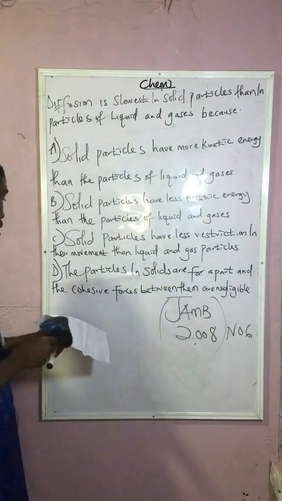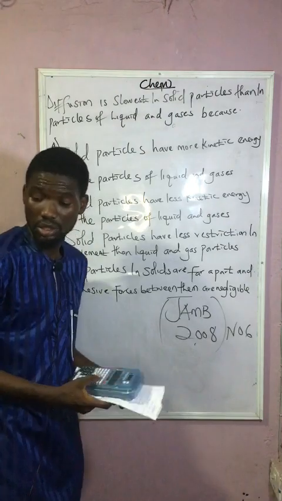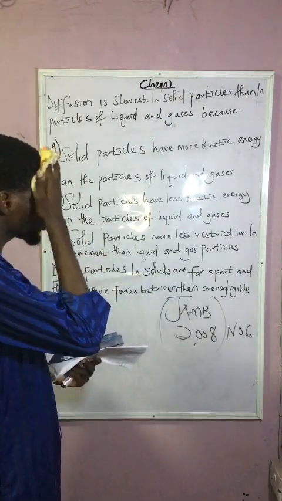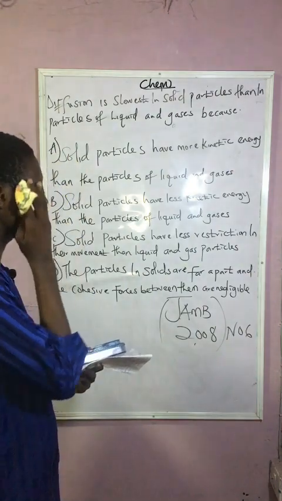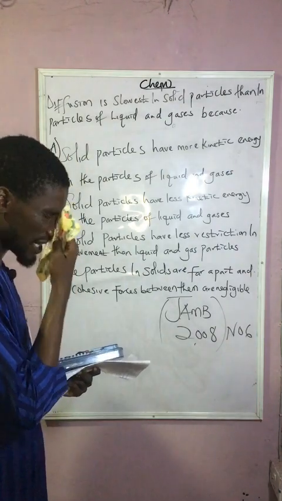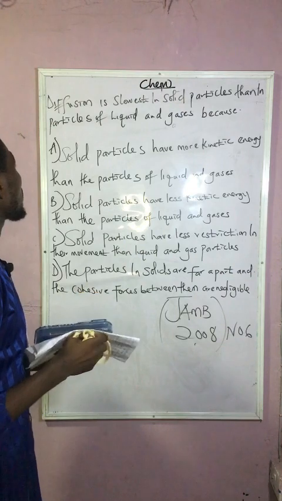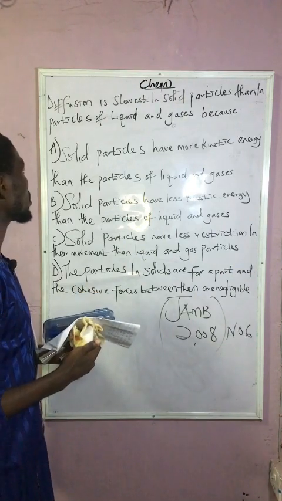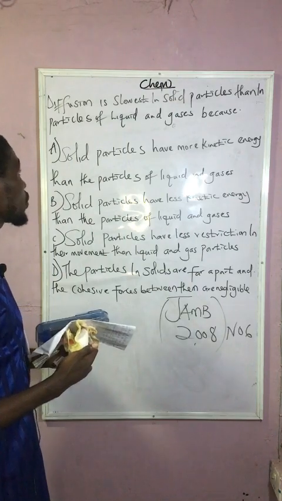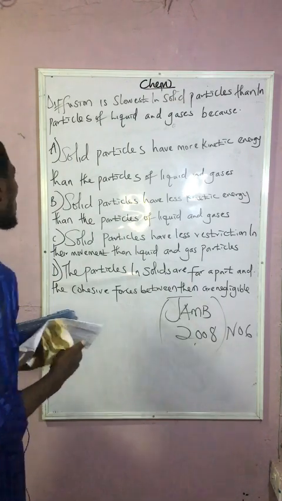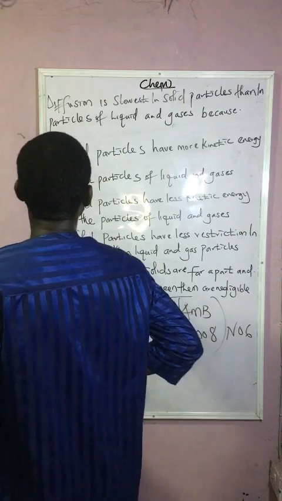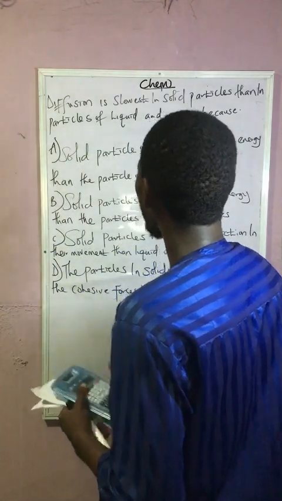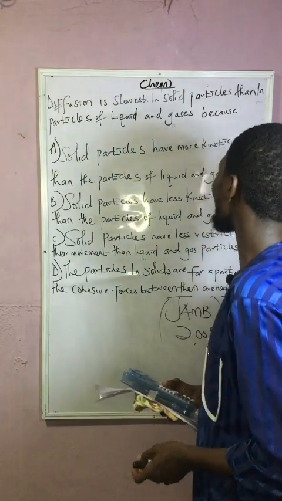So guys, look at what you have on the board. It is very simple, but how do we state our answer? Diffusion is slowest in solid particles than in particles of liquid and gases because solid particles have more kinetic energy than the particles of liquid and gases.